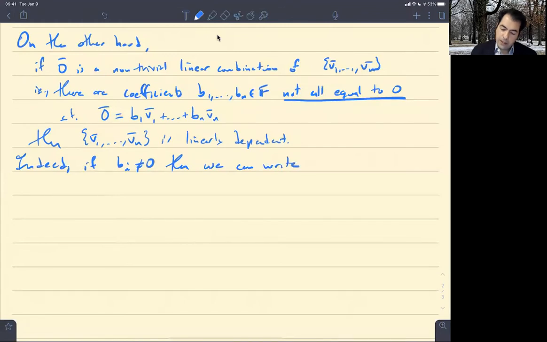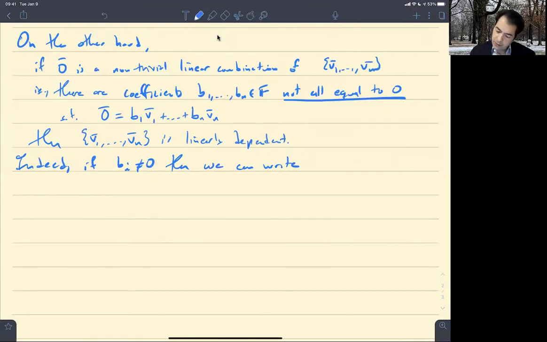Then I can take that term and move it to the other side. And then, because this bi is not 0, I can multiply by its multiplicative inverse to get rid of it. In fact, by a multiplicative inverse of minus bi, so that on the left-hand side, I'll end up with a 1.